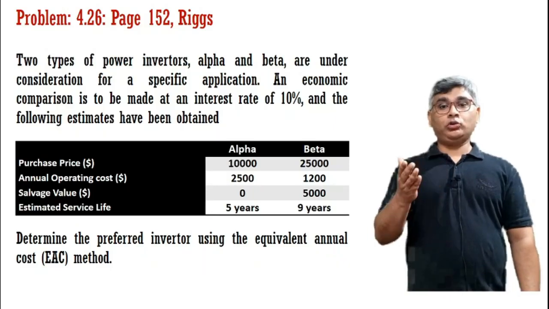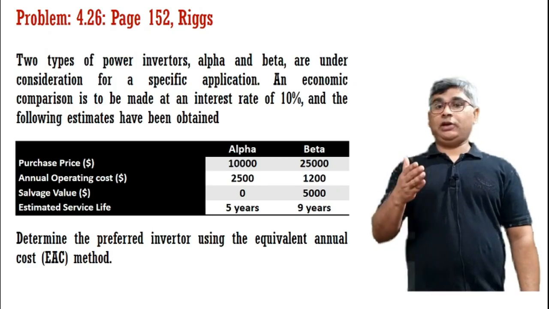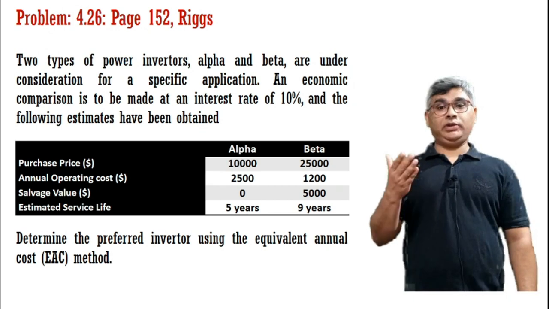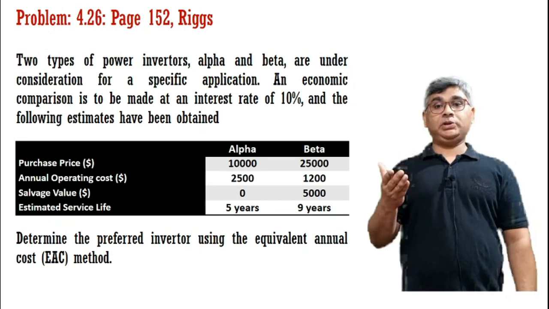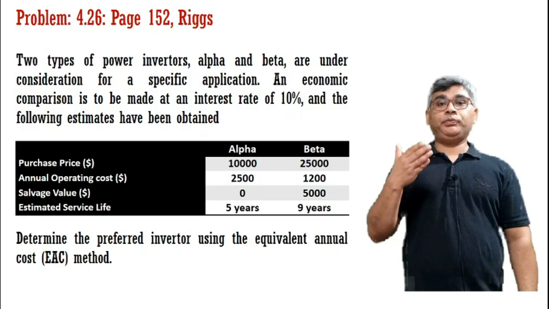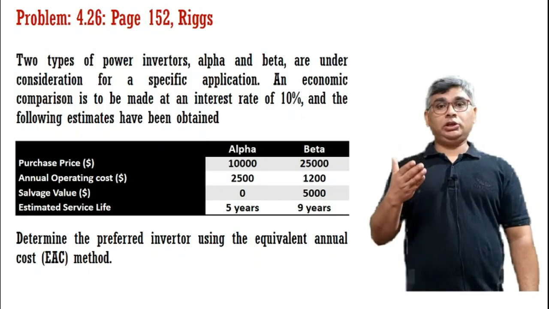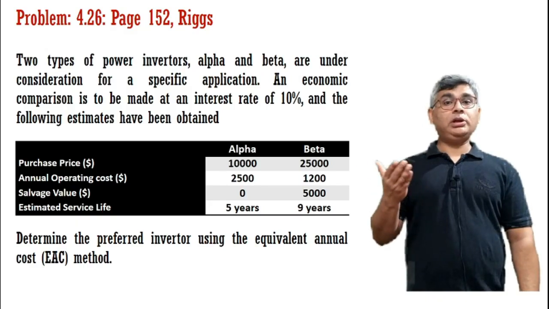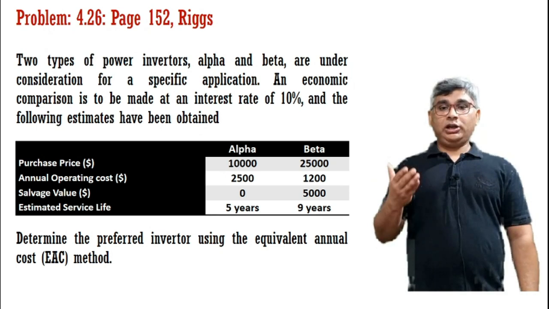Of course, this is a case where we have unequal economic lives. The interest rate is given as 10%. We have to compute the annual worth of the two, and accordingly decide which alternative should be the selected one. So let us see how we are going to solve this problem. Let's solve the problem.